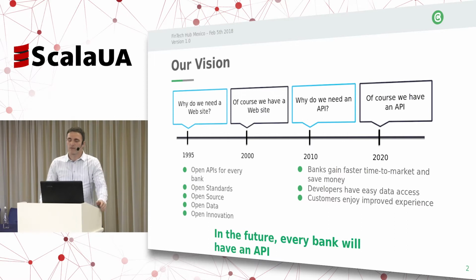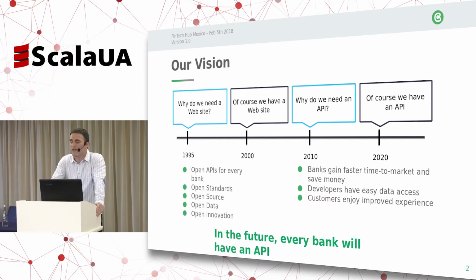And in 2 or 3 years, the answer would be, of course, we have an API. So I will explain that in addition. Why API, and why is an API so useful in this case? An open API for every bank is very useful for many reasons, but I will explain that later.